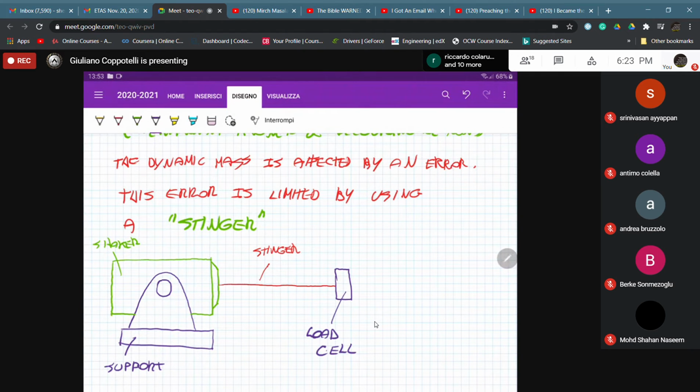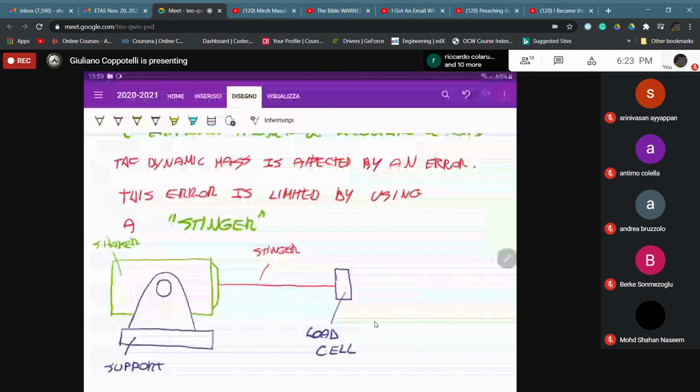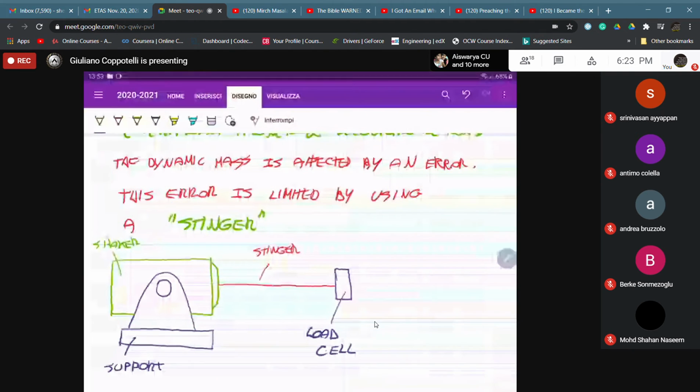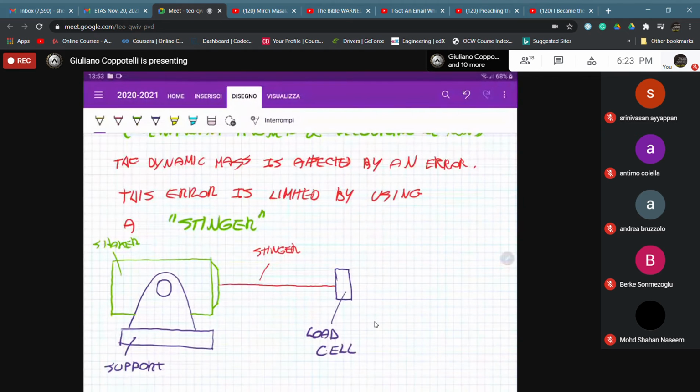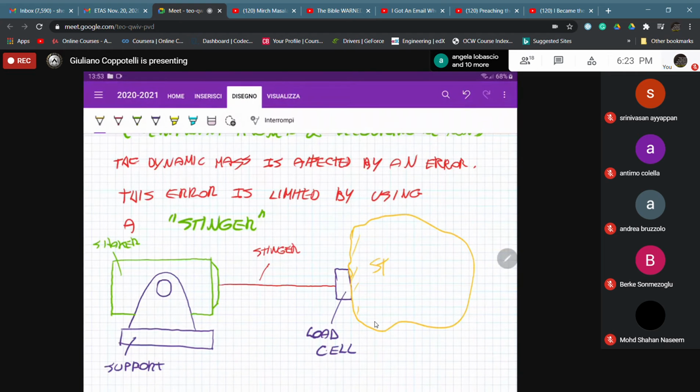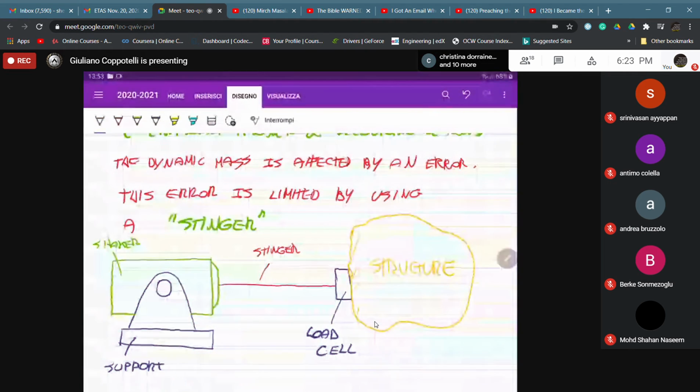That is capable to transduce, as we saw, the motion into the equivalent dynamic load that is transferring from the shaker to the stinger until up to the structure. And for example, that is your whatever structure that we would like to measure this dynamics.